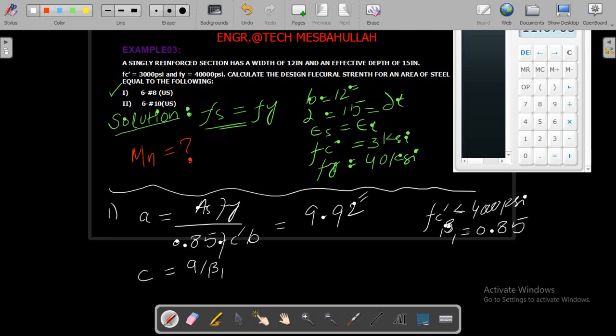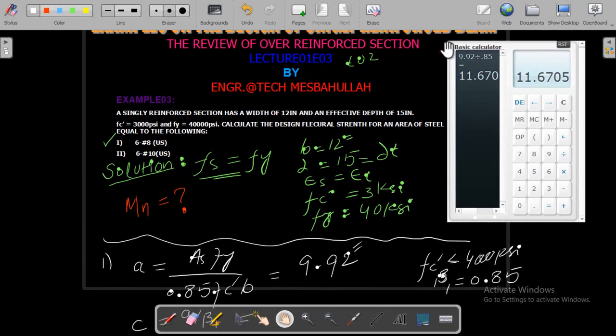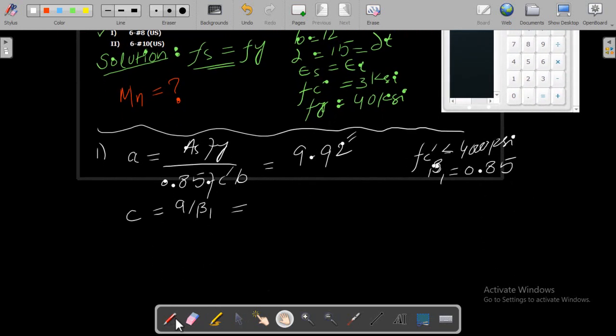Beta 1 ranges from 0.65 to 0.85. So using that value, a divided by beta 1, 9.92 divided by 0.85, I got 11.67 inches. This is my value of c.